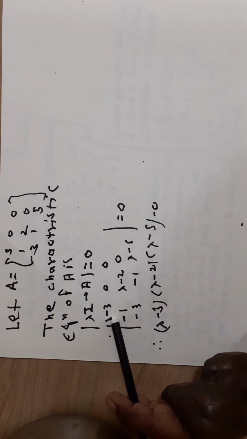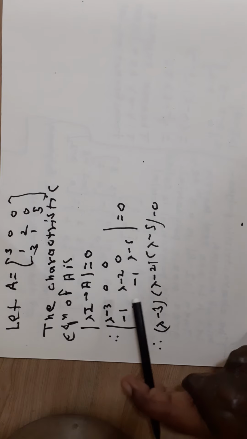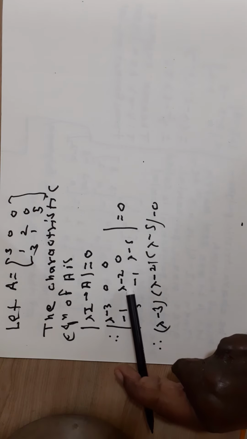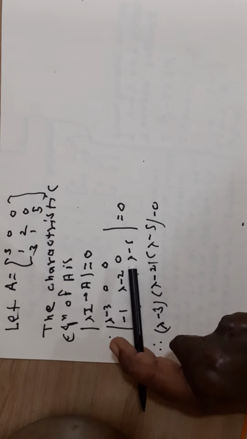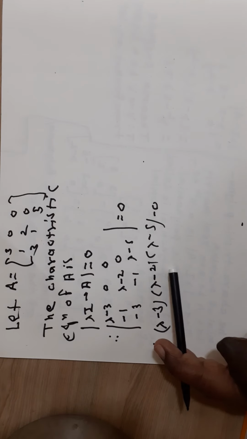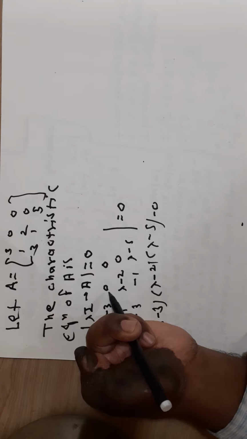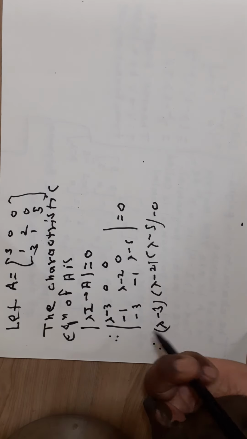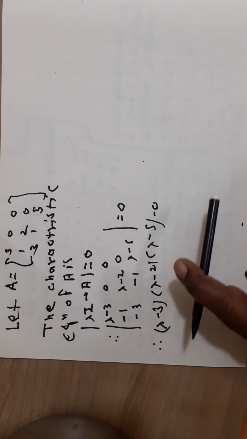The minor is the determinant obtained by deleting the row and column containing that element. The resulting determinant is of order 2 by 2, lambda minus 2, 0; minus 1, lambda minus 5, and its value is lambda minus 2 into lambda minus 5. The other entries in the first row are 0, so the resulting terms are 0. This is the characteristic equation of the matrix A.